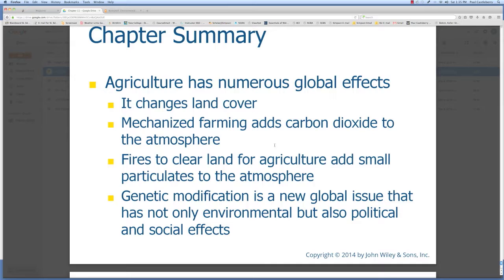We know that fires to clear the land for agriculture also add CO2 to the atmosphere. Genetic modification is a relatively new area over the last 20 years, and it does have environmental but also political and social impacts as well that are still yet being explored.